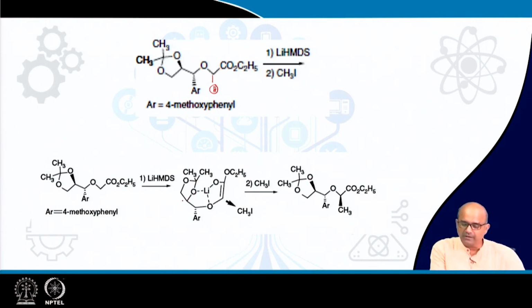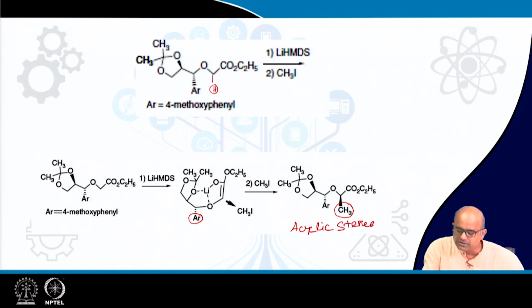Now, the way it has been drawn, it was a bit difficult to conceive, but this aryl group plays an important role. This aryl is below, so this methyl is coming from the opposite way. So, this is the main acyclic structure, a kind of acyclic stereo control, but acyclic stereo control through a cyclic chelate.